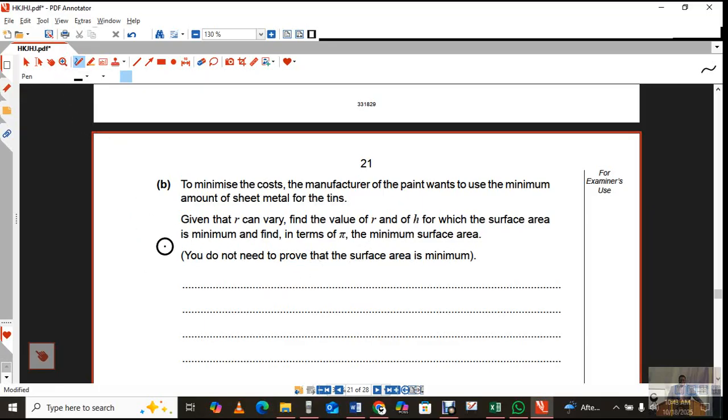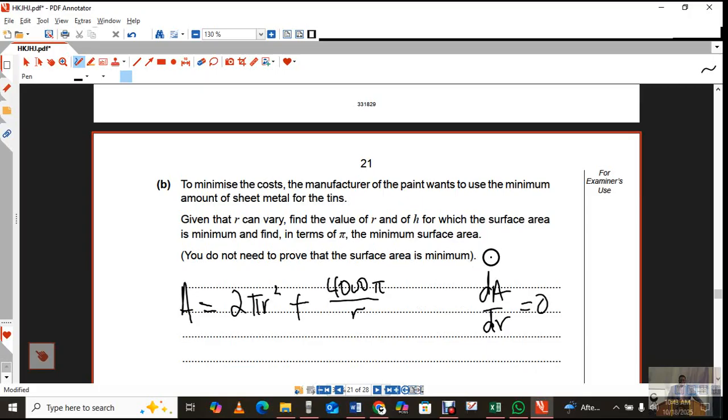So the area, we know, is 2 pi r squared plus 4000 pi over r. When the area is the minimum, dA/dr should equal 0. That's first. They ask us to find the value of r and h.